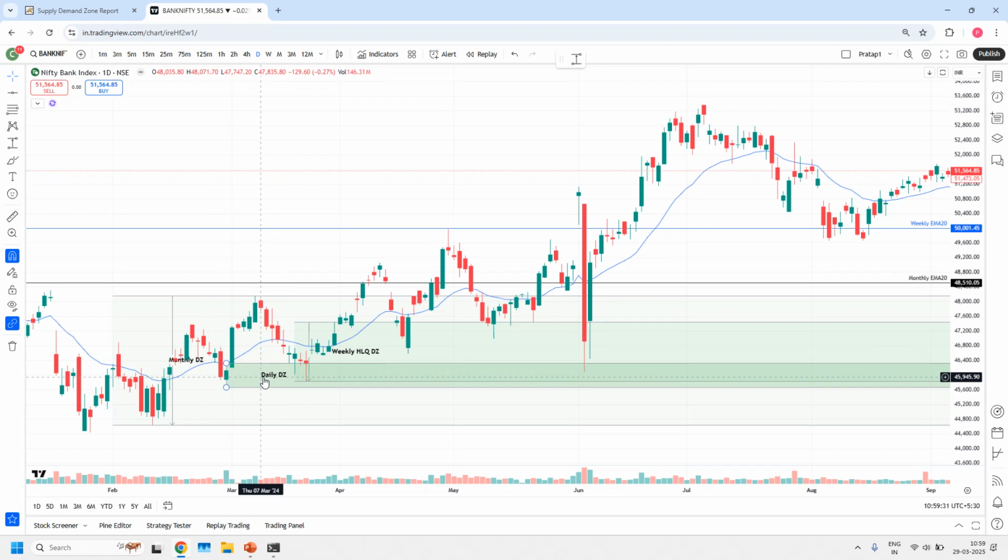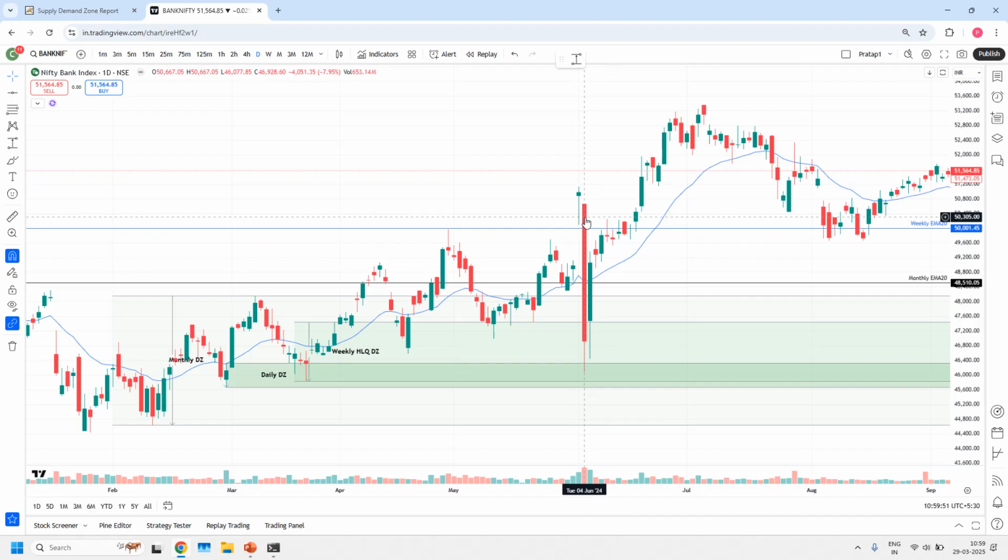How powerful it is, can you imagine? This drop candle will tell you when it happened on the election results declaration day. That is 4th June 2024. On the day, the market crashed more than 1,000 points.